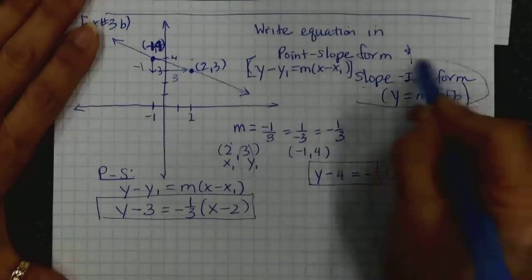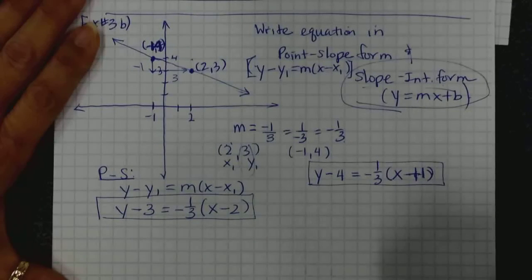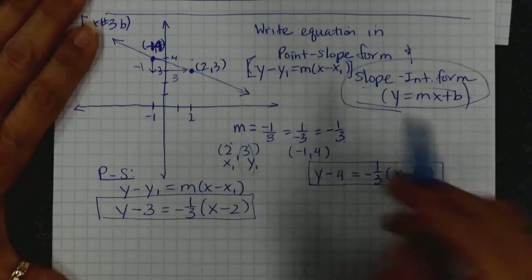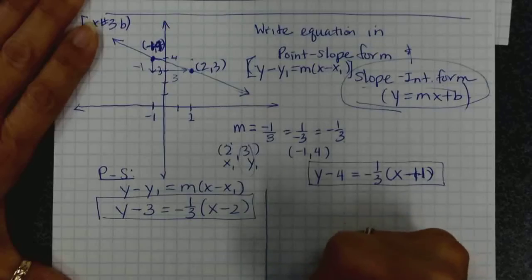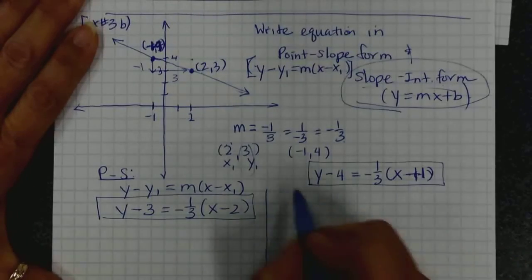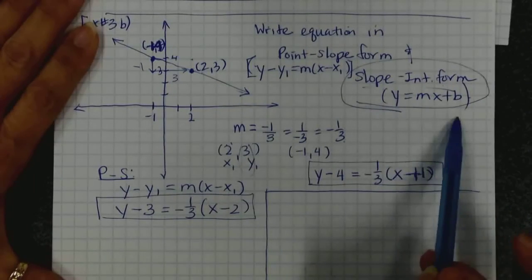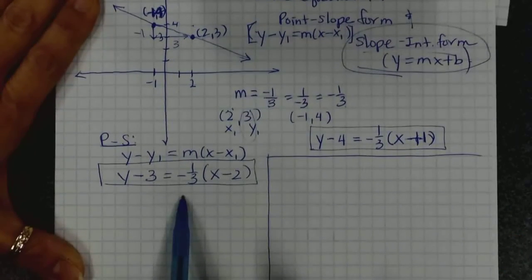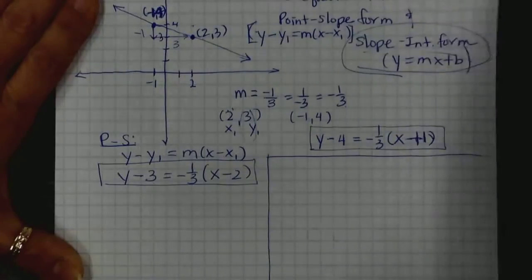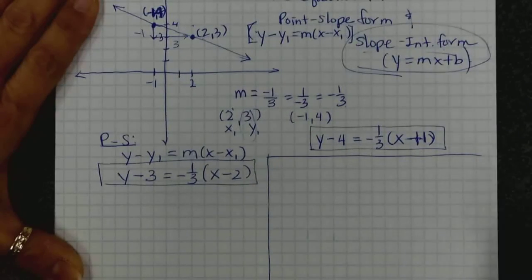Now we're going to write it in slope-intercept form. There are two ways of doing this, and when you get to Algebra 2, some teachers have a different preference, so I'm going to show you both. One way to write in slope-intercept form is to transform into y equals mx plus b.